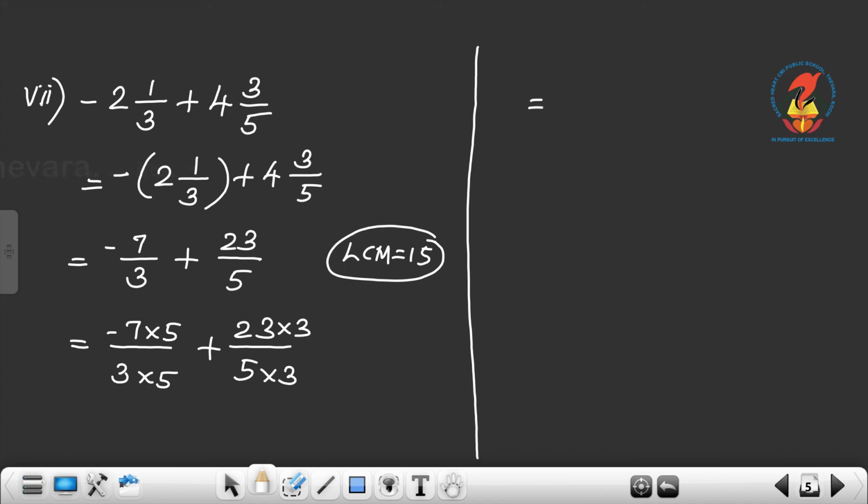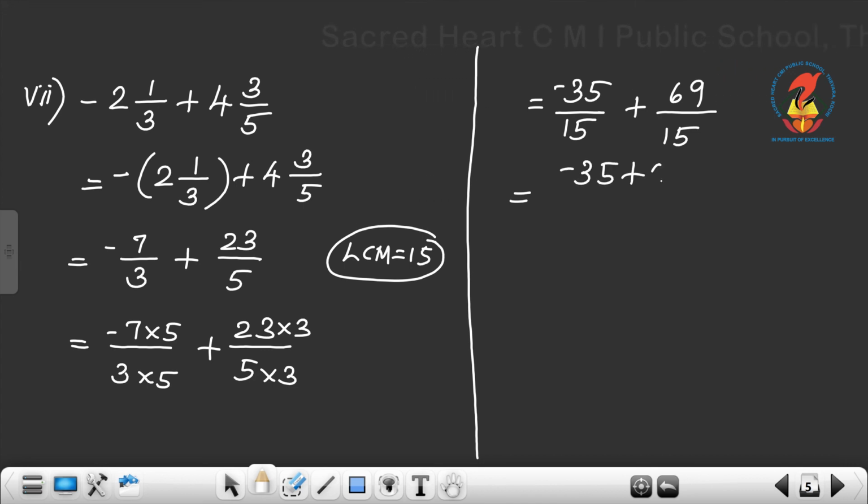Which is equal to negative 35 by 15 plus 69 by 15. Then equal to negative 35 plus 69 by 15.